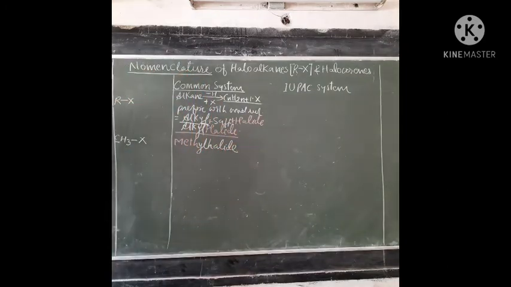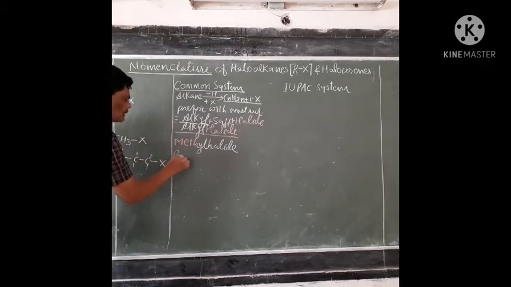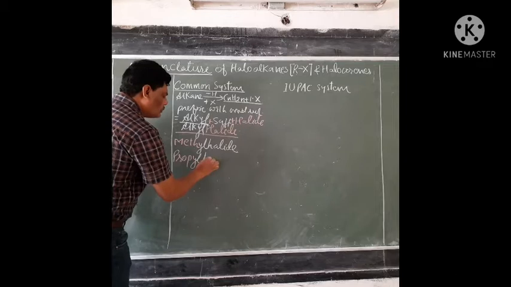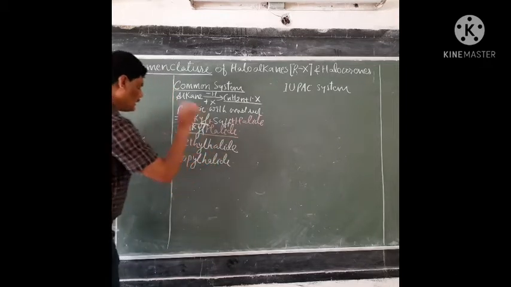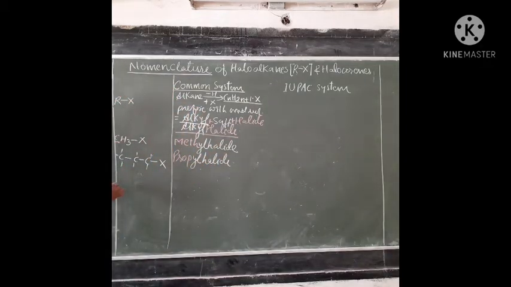It becomes methyl halide. If you write some more, 1, 2, 3 and X, how many carbon atoms are there? 3 carbon atoms are there. For 3 carbon atoms, the word root would become prop, and yl. And X is there, therefore it becomes propyl halide.